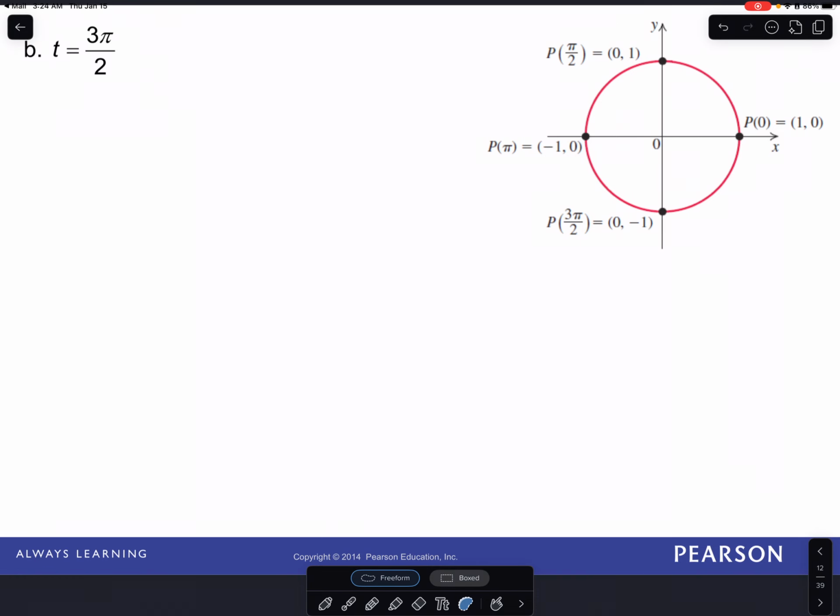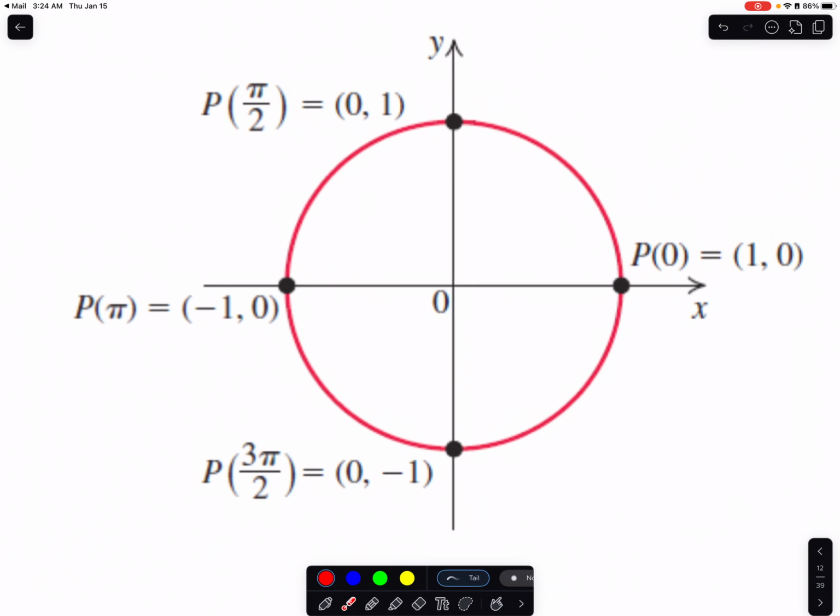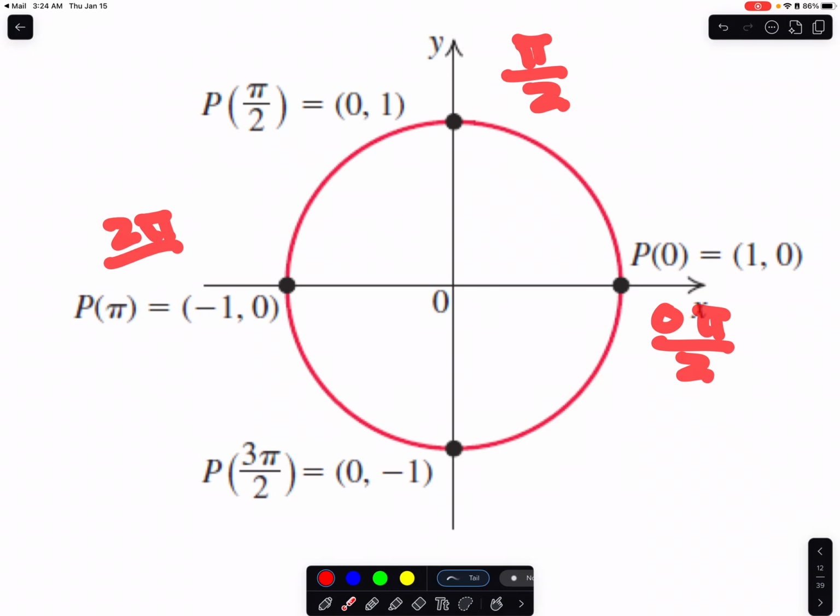So if t is 3 pi over 2, here what I like to do is, 90 degrees corresponds to pi over 2, right? So sometimes I'll count it like this. I identify this as 0 pi over 2. This is 1 pi over 2. This is 2 pi over 2. And then down here is going to be 3 pi over 2, right?